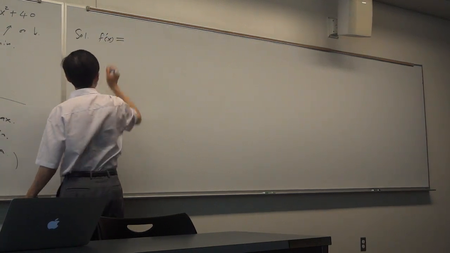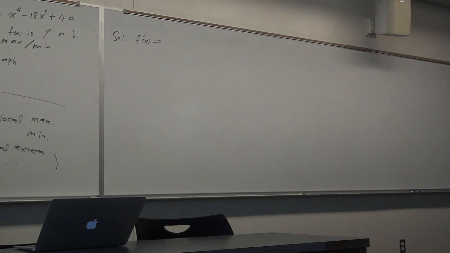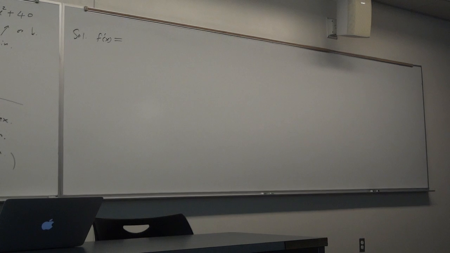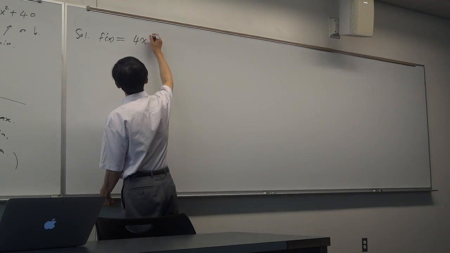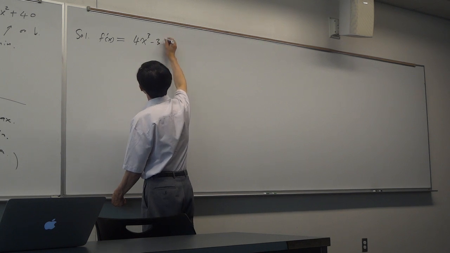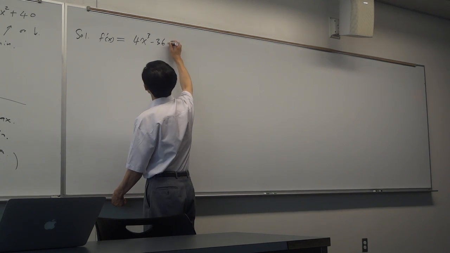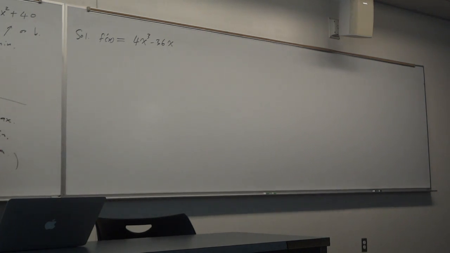And then determine the critical numbers, meaning f prime x equals 0, or f prime x does not exist. So f prime x equals 4x to the 3rd minus 36x. Right? Questions on that?